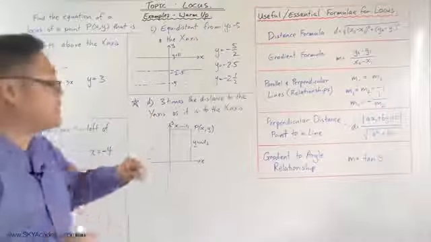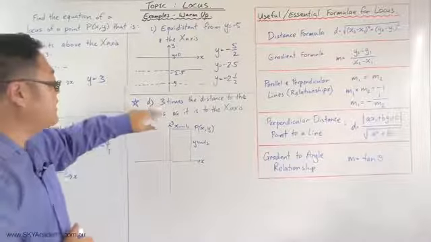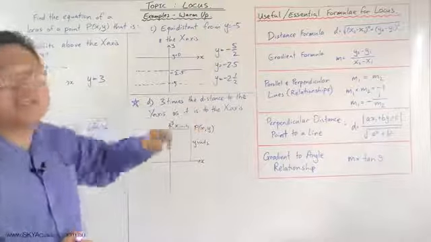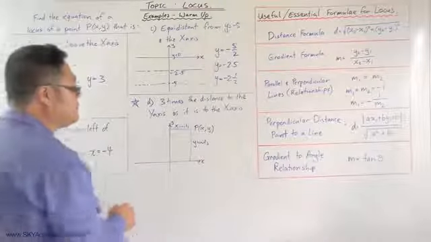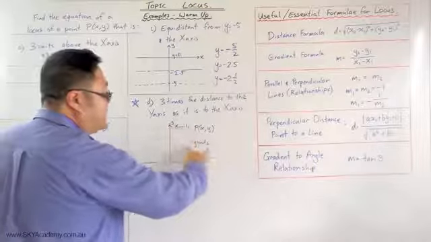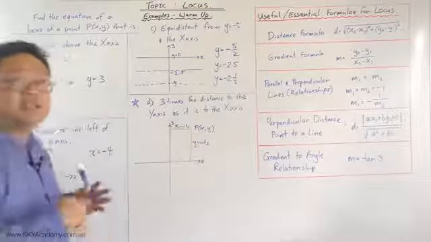And our geometric condition, which we're trying to satisfy, is 3 times the distance to the y-axis as it is to the x-axis. So in other words, this distance here is 3 times as big as that distance there. Do you see that?